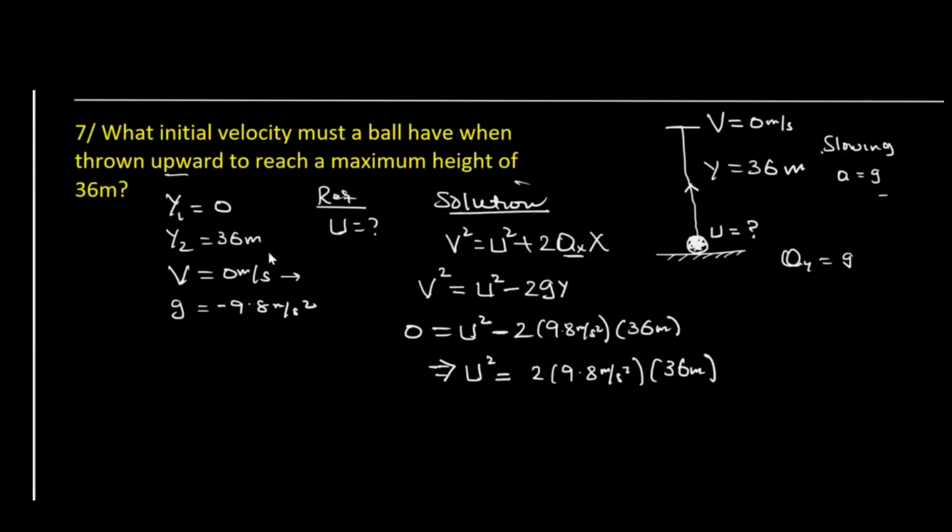It's positive. Now to avoid this square, I can put both sides under a square root. So u equals the square root of 2 times 9.8 meters per second squared times 36 meters. This basically means u is equal to the square root of twice g times y.